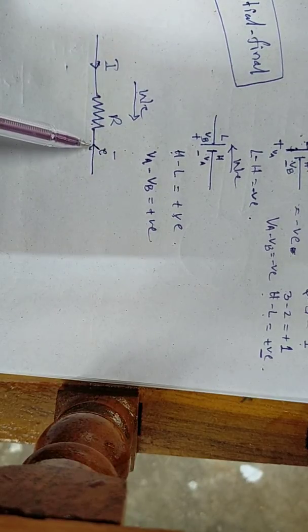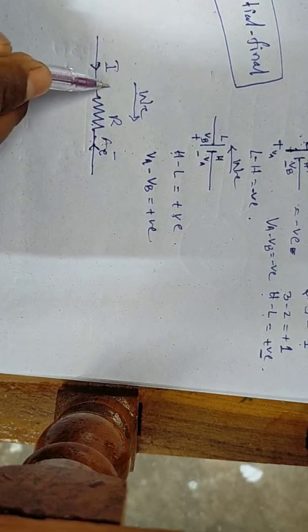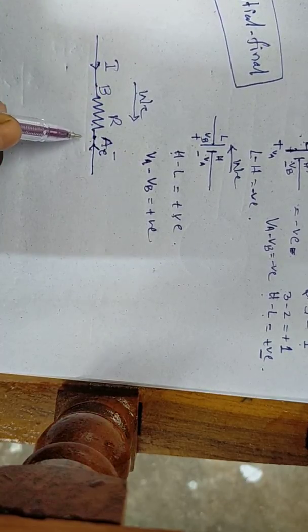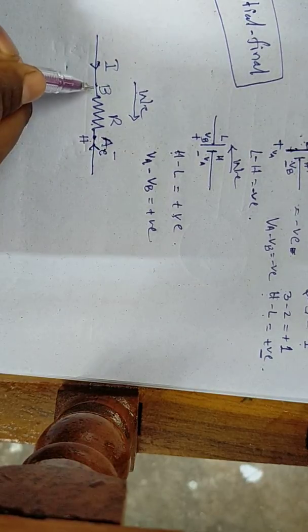When the electrons are moving opposite to us, initially they come with some energy. Let it be point A and point B. At point A, the electrons have high energy, and at point B, the electrons have low energy.